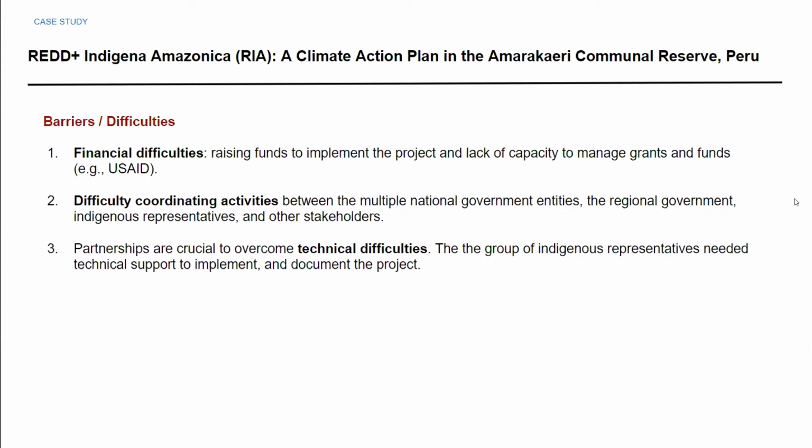Again, going from very local indigenous leaders to indigenous organizations, and then between the regional government, the national government, it gets a little bit complicated. But like I said, this has been a model in Peru, and it's being scaled up to other communal reserves.